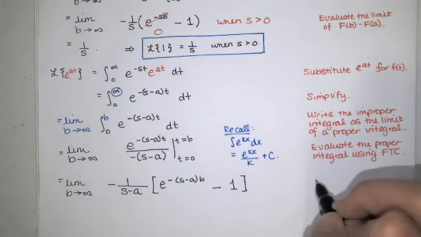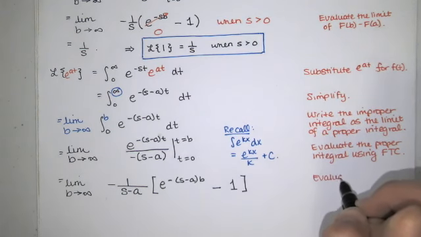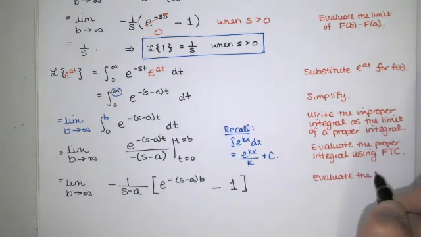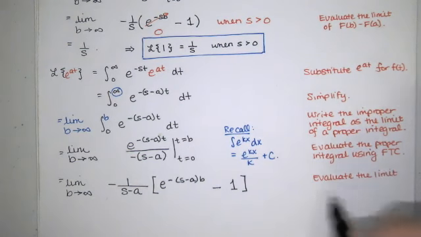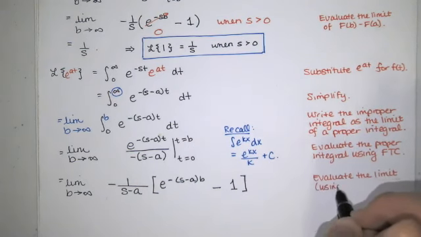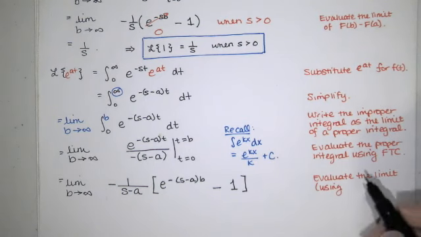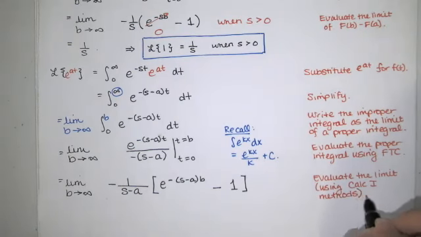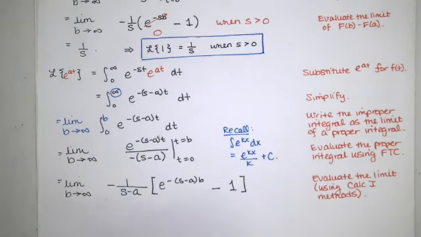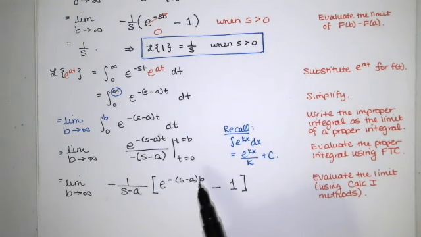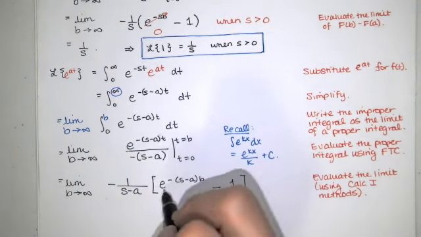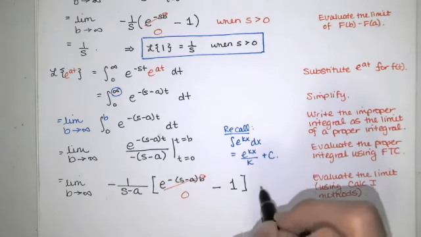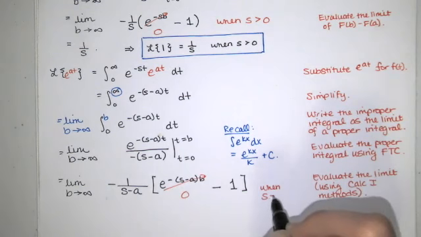And then we'll evaluate this limit. And you're basically going to use just calculus 1 methods. Okay, now if s minus a is positive, this is e to a large negative power as b goes to infinity. So this will be 0 as long as s minus a is positive.